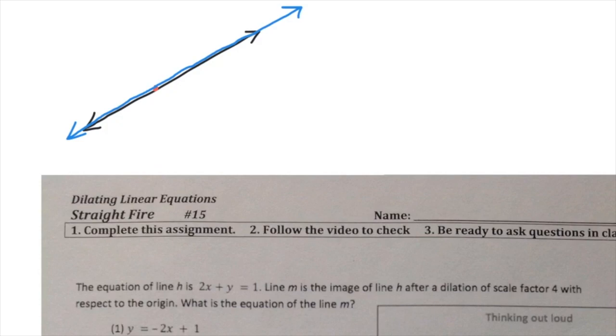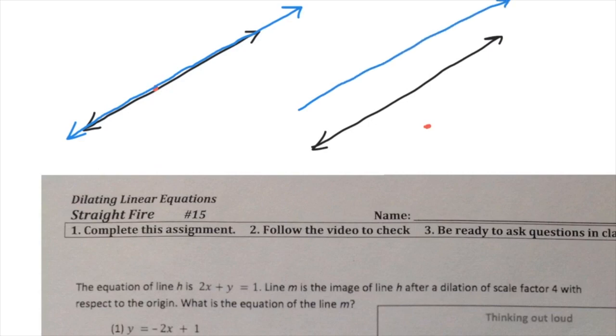The other situation that could happen would be if we have a line and the center of the dilation is not on the line. The brand new equation will be a line that's parallel to the given line.